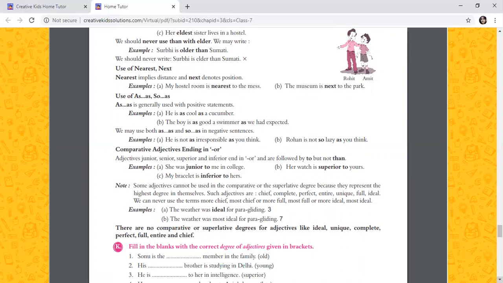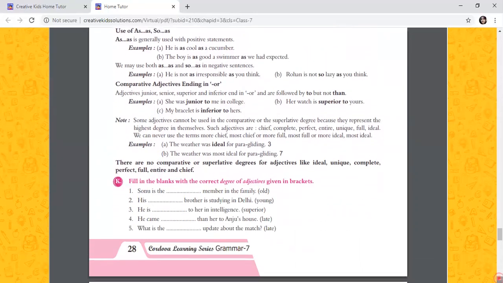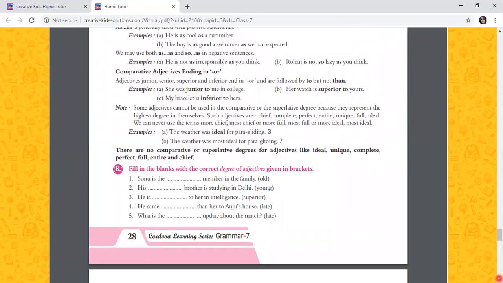Then comparative adjectives ending in OR. What are the comparative adjectives? That is, adjectives like junior, senior. These words are ending with OR. So these will be followed by to, but not than. See here, for example: she was junior to me in college.